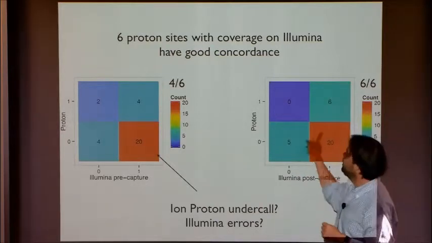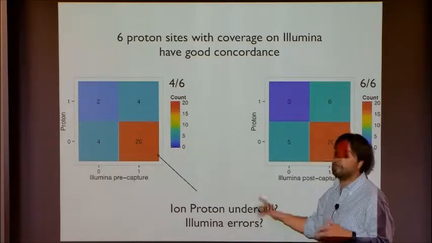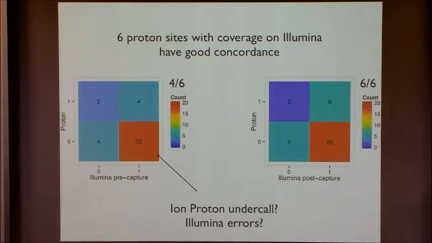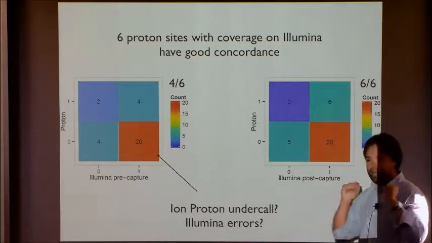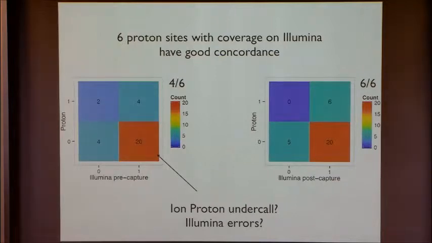So these could be ION undercalls, or they could be Illumina errors. ION, because they've had issues before, tend to be very, very aggressive in their calling. Okay? But the point is, the only way that we can begin to ground truth this data is by beginning to get orthogonal validation. And there are almost no data sets that I know of where you have orthogonal validation for ancient DNA samples. And that's why we're trying to do this.